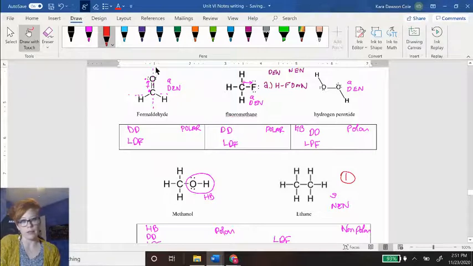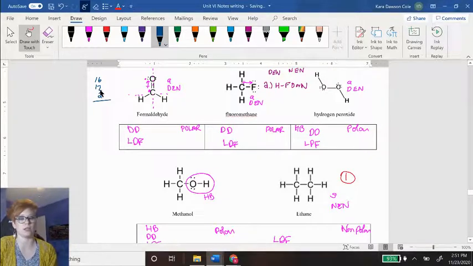So for formaldehyde, I'm looking at 16 grams for oxygen plus 12 for carbon plus 2 for the hydrogens. And this is just a rough estimate, so you don't have to be perfect with this. So 30 grams would be this guy's molar mass, or about 30 grams.